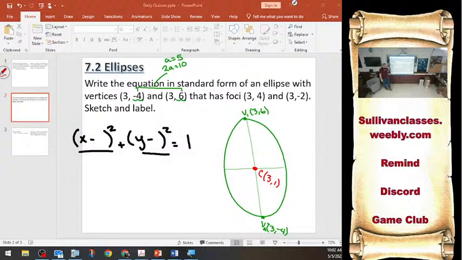That already gives me enough information to put in H and K. I got h and k. What else? I got a is 5, so a squared is 25, and I know it goes with the y's.